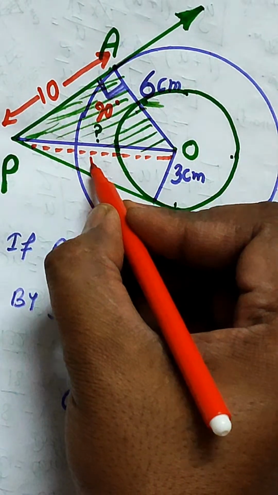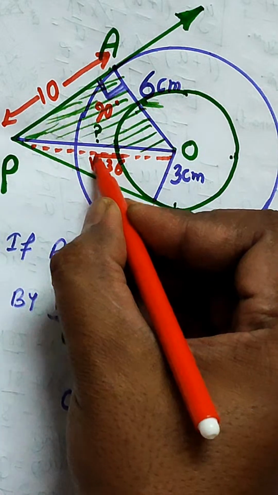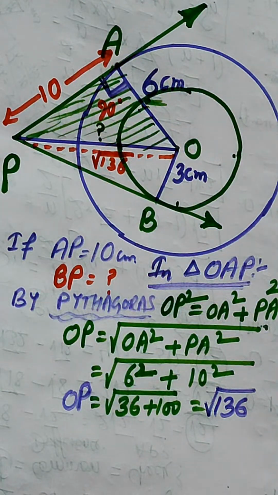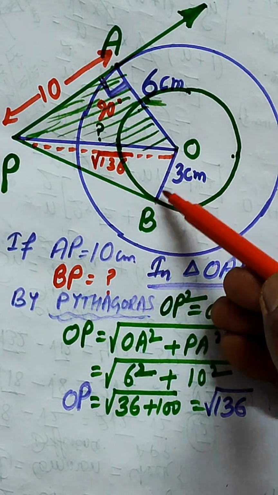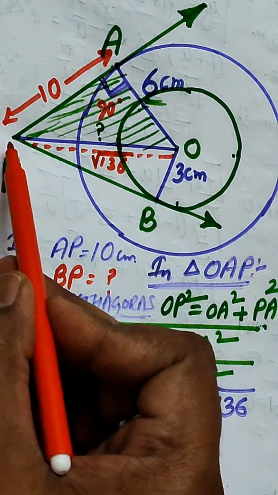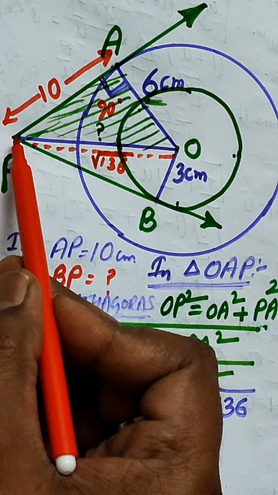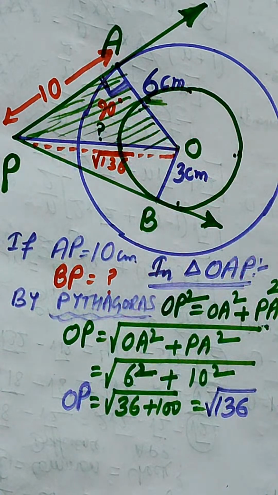So if this is root over of 136, and OB is the radius whose length is known to you, and you can see from P, the same external point, PB is a tangent to the inner circle, right?